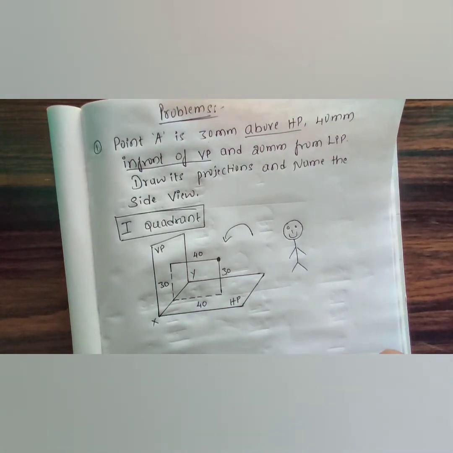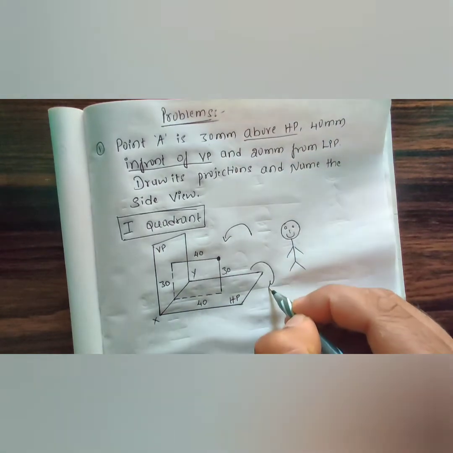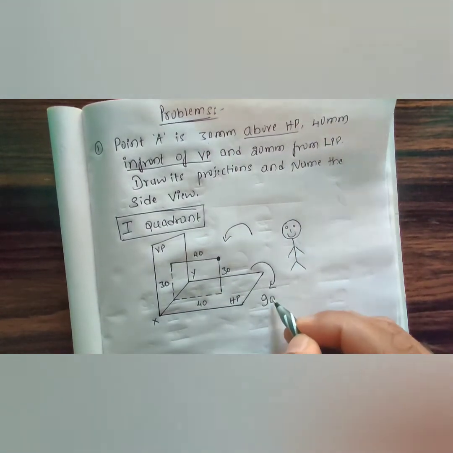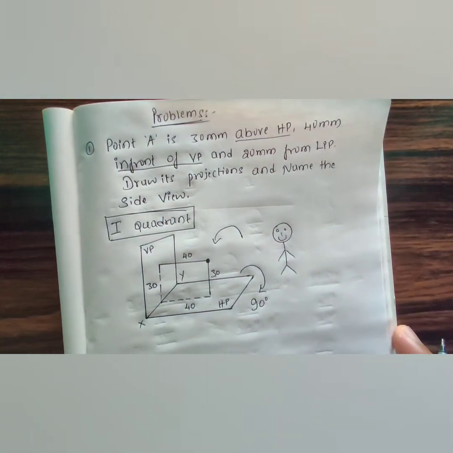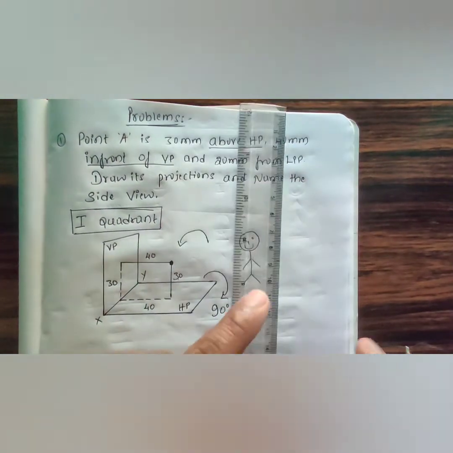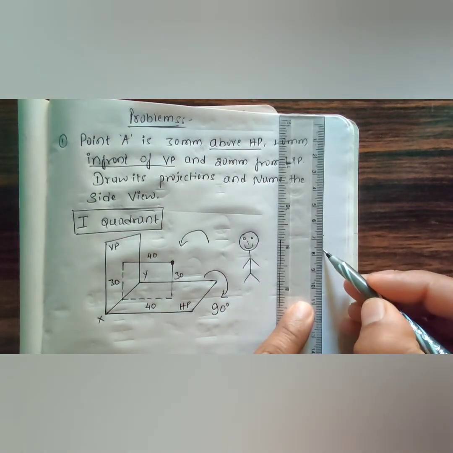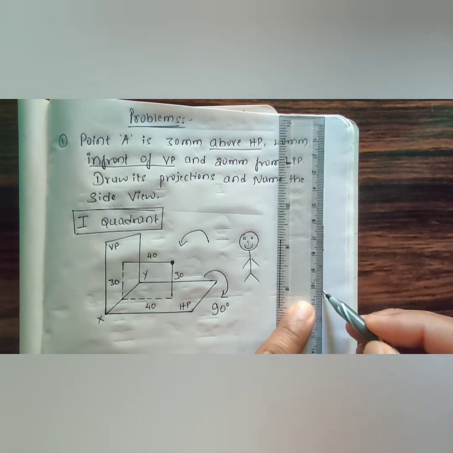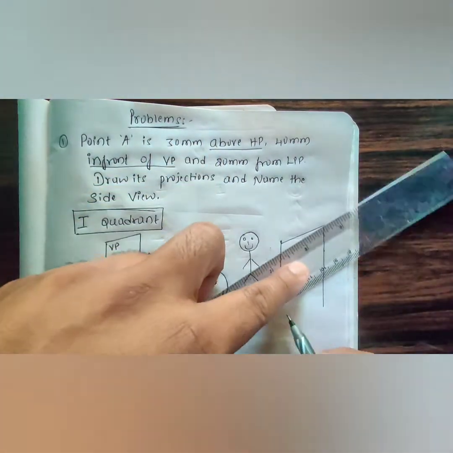Now, we want the solution in 2D because we have to give the solution on a sheet of paper. So what we have to do is we have to rotate HP 90 degree clockwise. So once I rotate HP 90 degree clockwise, what happens? See, I'll write that again here. Okay, so this is after rotation.